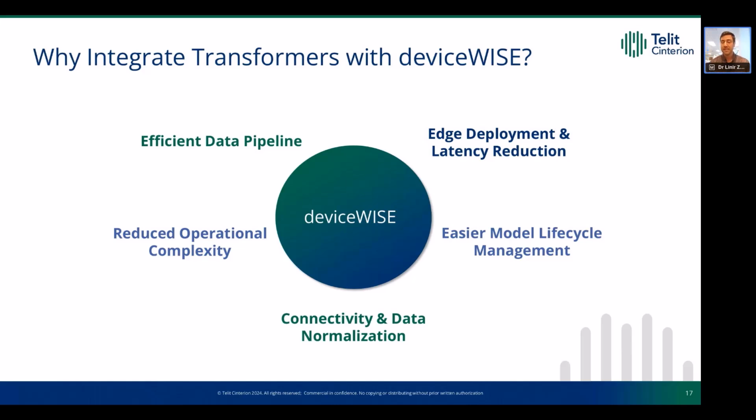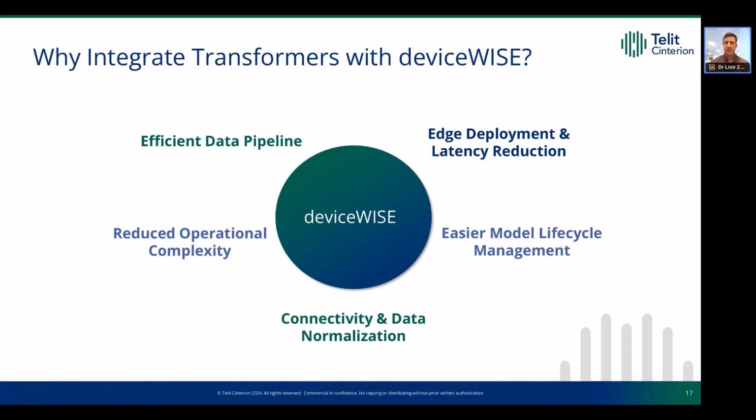Reduce operational complexity: there's a no-code environment that deviceWISE offers, so there's no need to know AI, there's no need to know coding, and using deviceWISE and the integration of transformers with it is a very simple, minimum complexity process to implement this solution on any factory floor.